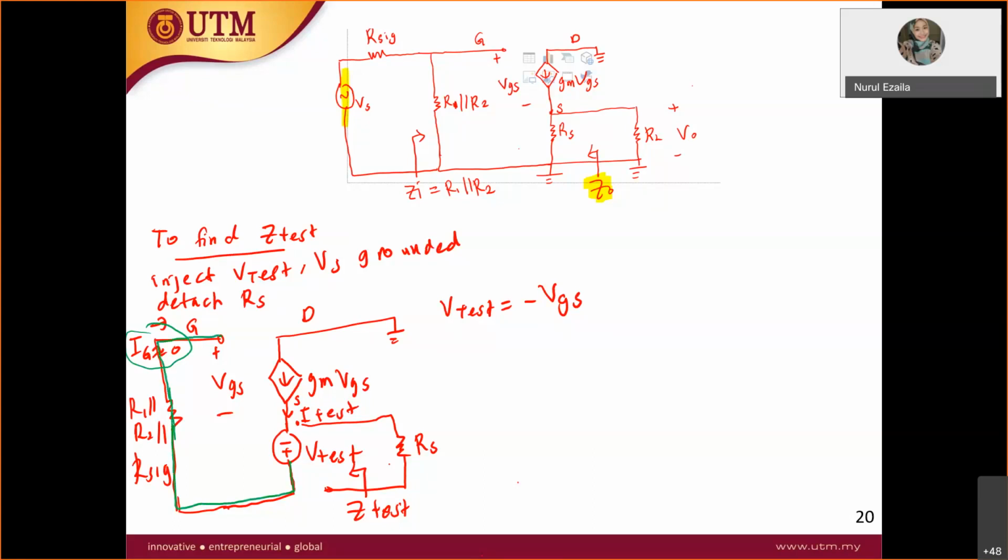If you apply KVL over here, you will get V test equal to negative VGS. That's why V test is approximately equal to the negative VGS: because IG is 0, R1 parallel R2 parallel R signal is short circuit, and V test is connected to VGS, so applying KVL you get V test equals negative VGS.